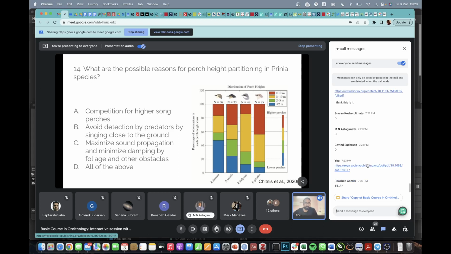So this is another paper by the same lab, Anand Krishnan's lab, where they have looked at the Prinia species of, I think, peninsular India.